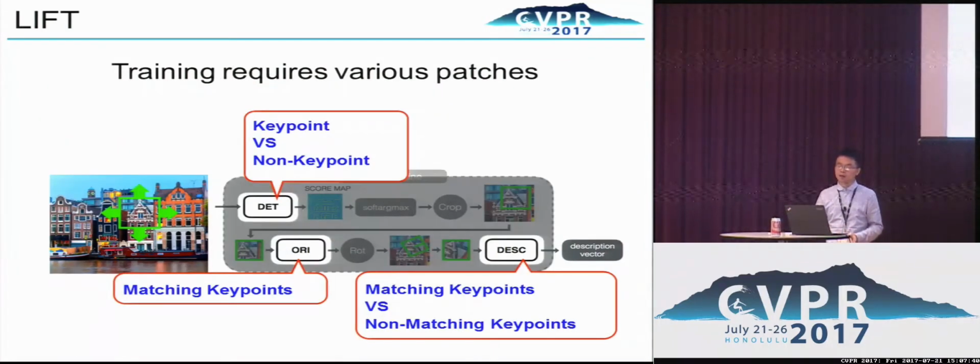To train the whole pipeline, it requires various patches for the different components. For example, for the feature detection part, it has to distinguish the key points from the non-key points, while for the orientation estimator, it has to output similar orientations for the corresponding key points. For the description part, it has to minimize the descriptor distance of the matching key points, while at the same time maximizing the descriptor distance of the non-matching key points.